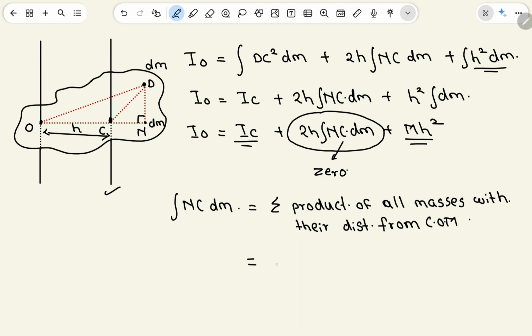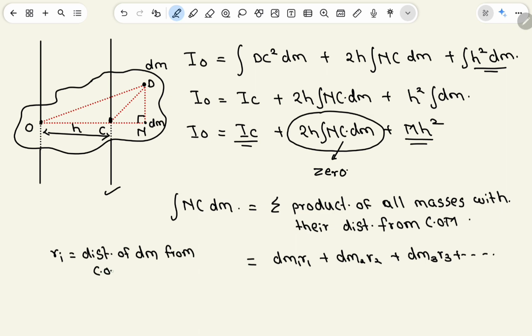So we are summing up dm1 into r1 plus dm2 into r2 plus dm3 into r3 and so on, where the dm's are the small masses and the ri's are the distances of dm from center of mass.